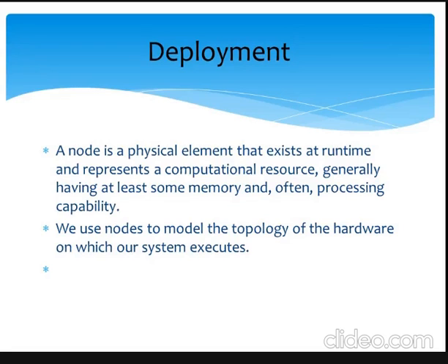Each node has some computational resources: it has some memory, and since a node is a processor, it has some processing capability. We use these nodes to model the topology of the hardware, which is nothing but the architecture of the hardware, right?